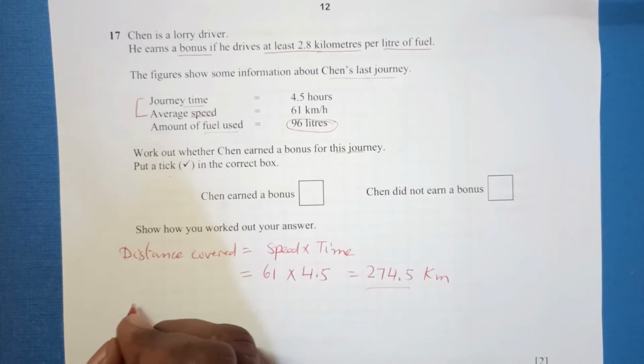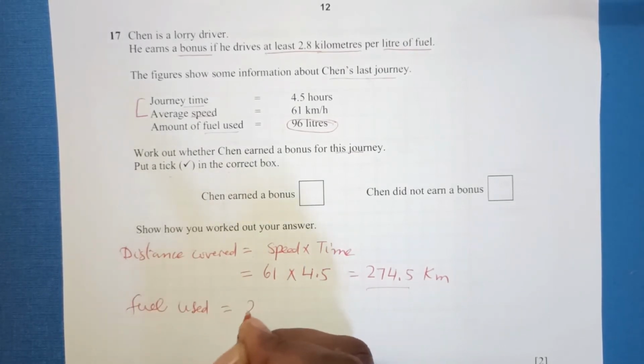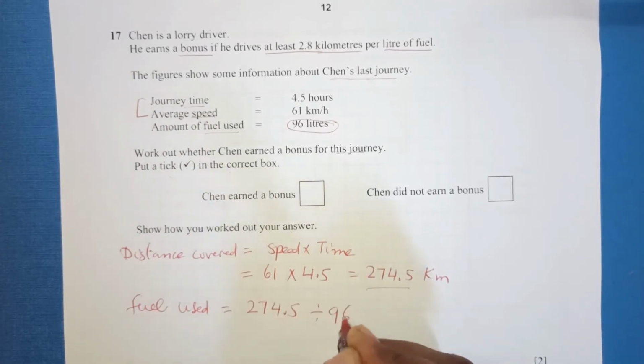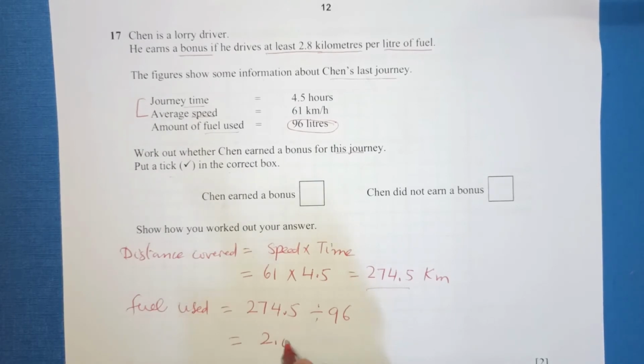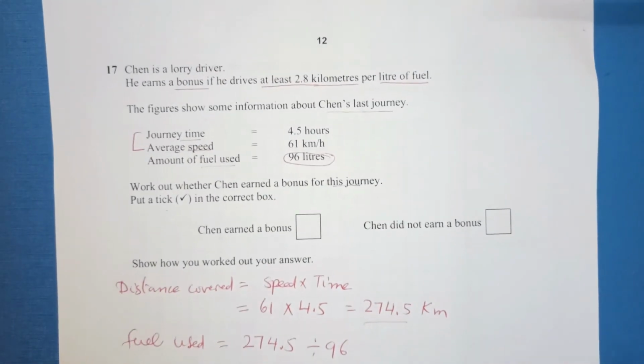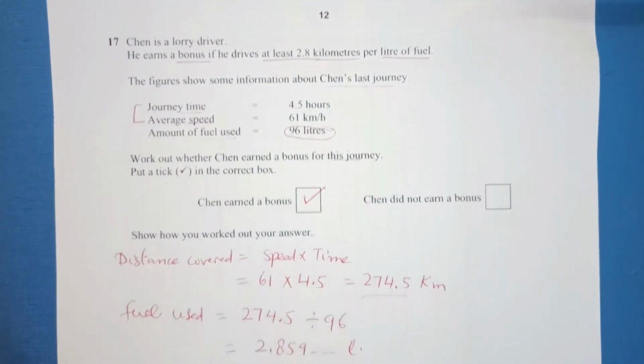So we divide 274.5 by 96. When you divide this, it comes out to be 2.859. So that means this is within the range that we are given. So yes, he will earn a bonus.